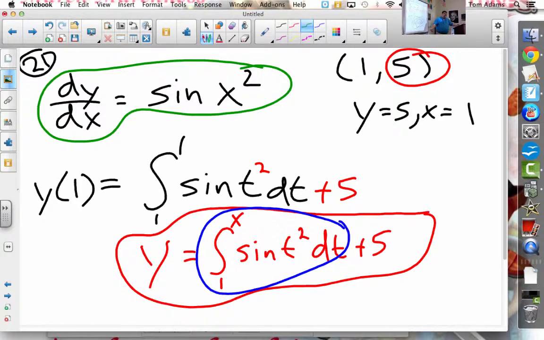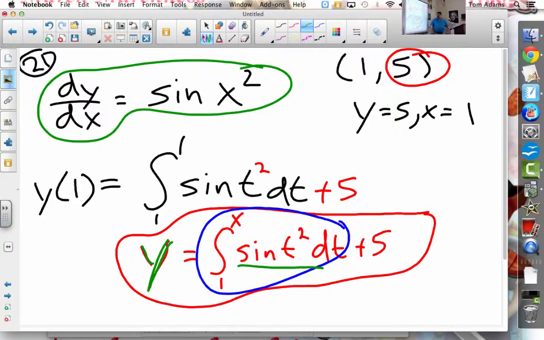But in the real world, it's not easy to find the antiderivative. So let's assume I'll never be able to find the antiderivative of that. Well, I still want to know what y is, because what if I want to know what y of 2 is? What if I want to know what y of 3 is?